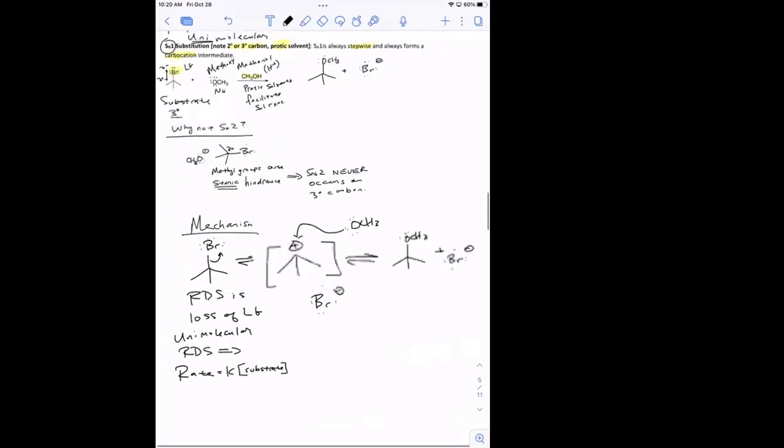Any questions about that part? Every SN1 reaction goes through a carbocation. You lose the leaving group first, you make a carbocation, and then the nucleophile attacks. So my rate law is k times the concentration of the substrate.